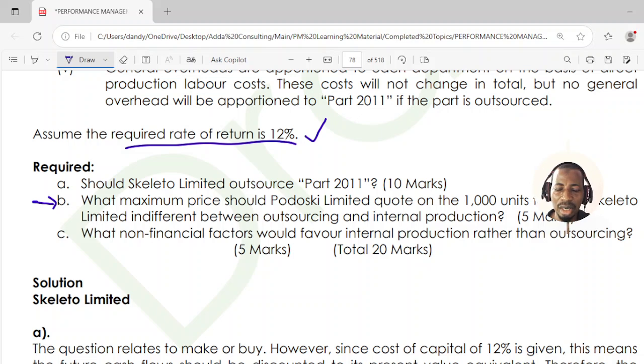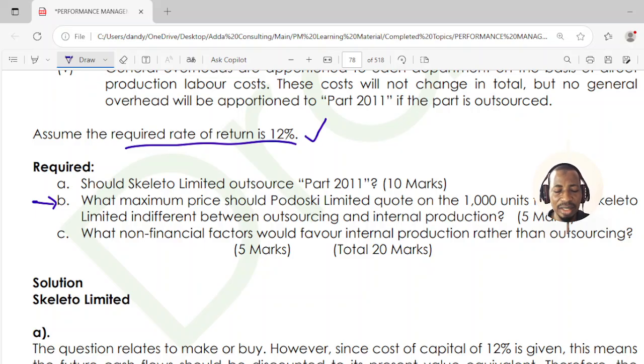When you talk about indifference, it means you are neutral, in between. What price should the supplier quote that would make Skeletal Limited indifferent, whether to purchase from the outside supplier or to make part 2011 internally? So what that means is that you want to break even.